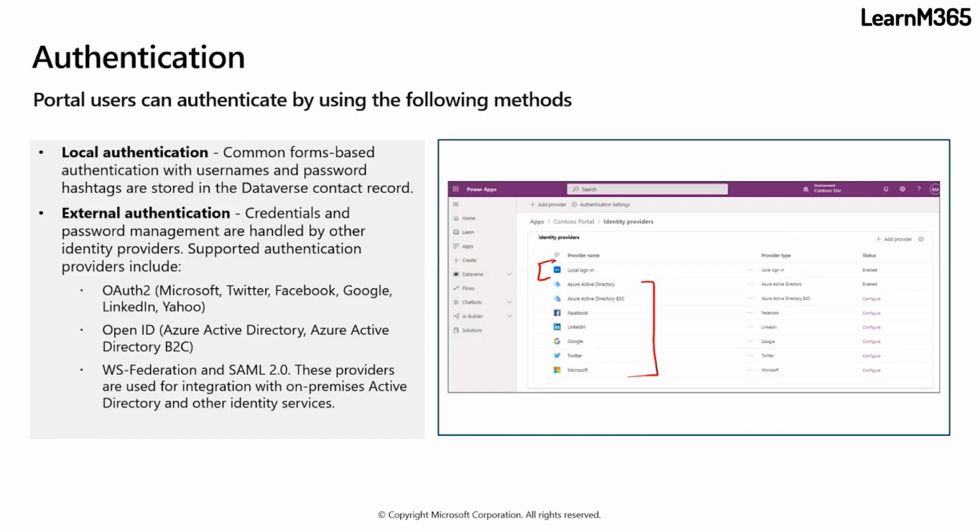In this scenario, credentials and password management are handled by the other identity provider, and the supported authentication providers include OAuth 2, which supports Microsoft, Twitter, Facebook, Google, LinkedIn, Yahoo, OpenID, that is Azure Active Directory, Azure Active Directory B2C, and even WS-Federation and SAML 2.0.